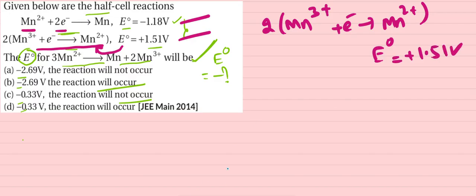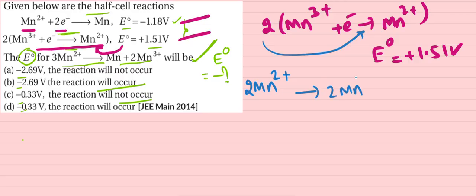So I am writing it in the reverse order in order to get our desired equation. Upon reversing and multiplying completely, I will get 2Mn2+ gives rise to 2Mn3+ plus 2 electrons.